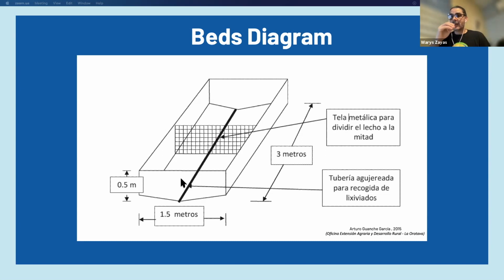What is important, and what I was mentioning before when I was showing the commercial container you can buy for home or small scale purposes, is that sometimes the organic matter starts to rise in temperature. This is why most people recommend a pre-composting process before putting our organic matter inside of the beds. But if you don't have the time, or you don't want to do it, one of my recommendations is to use thinner layers of organic matter.